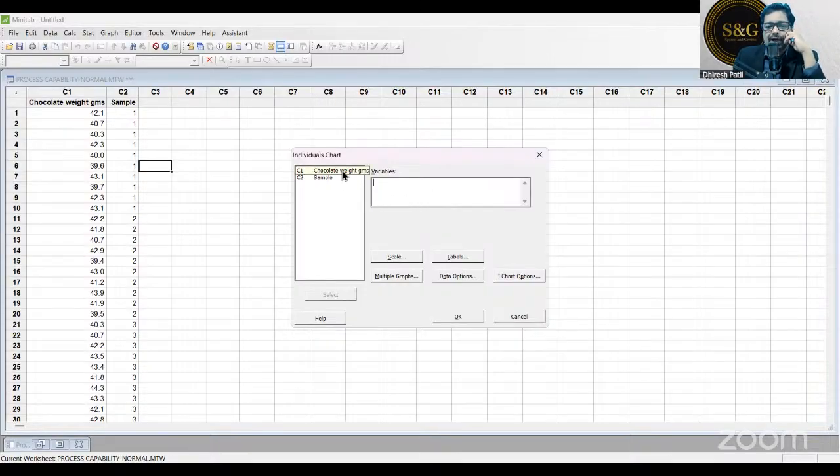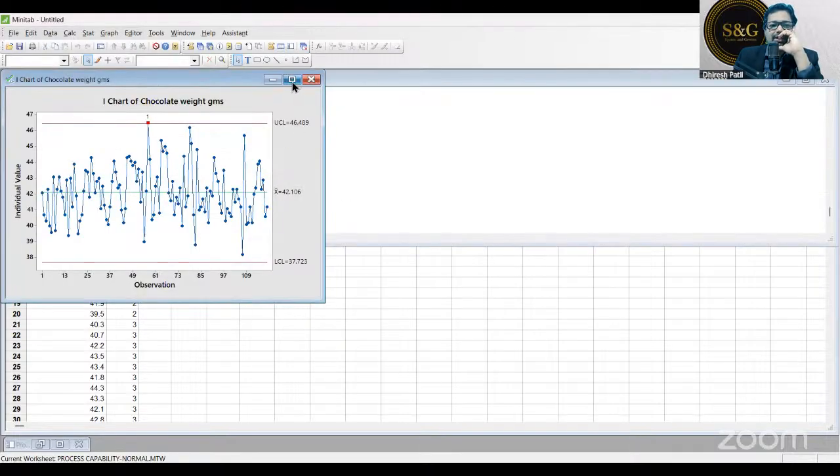Once you're done, open the file. Let me know. I'll repeat the sequence once again. So once you select chocolate weight here and click on OK, you will get a control chart like this.